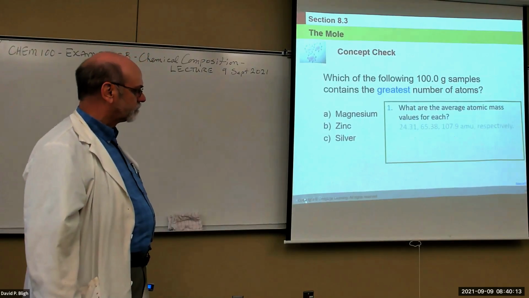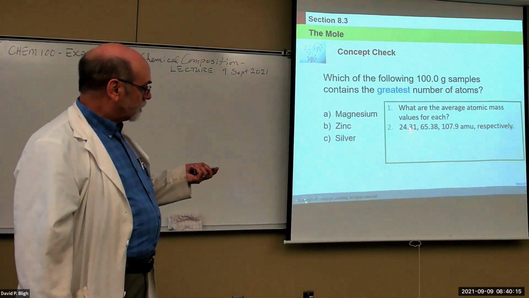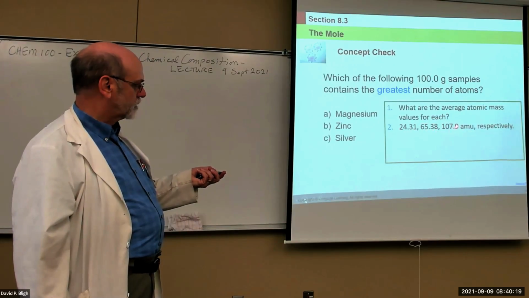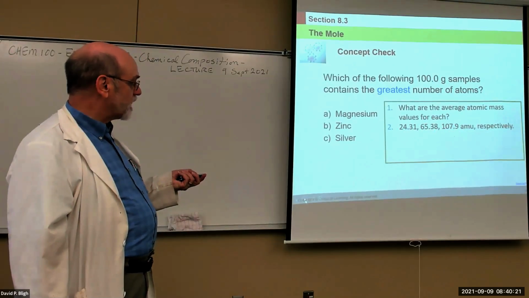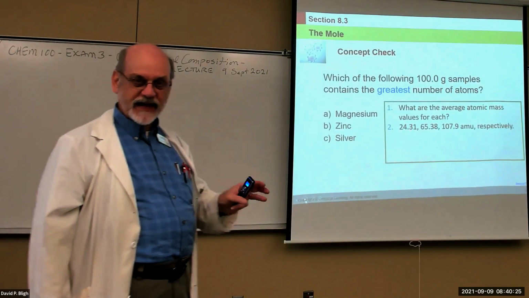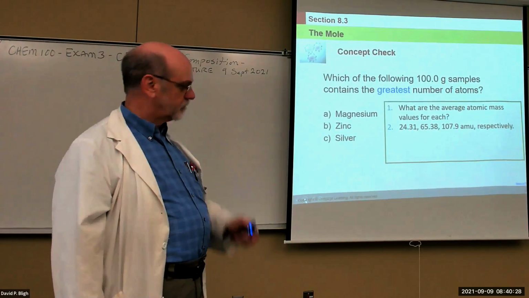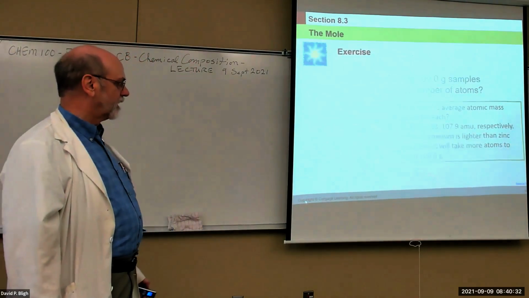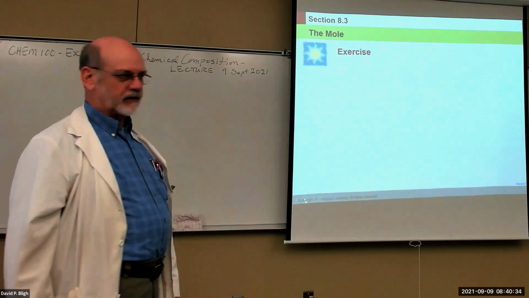So this is the molar mass of magnesium. This is zinc. This is silver. So it takes many more of magnesium to make the same mass as the other two. That was a concept check.